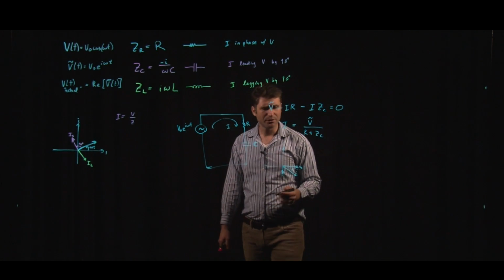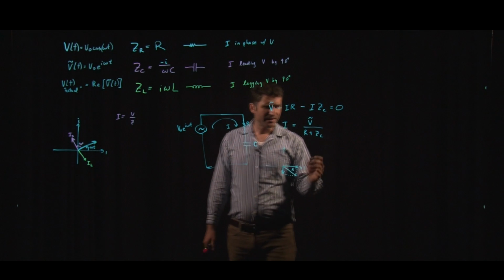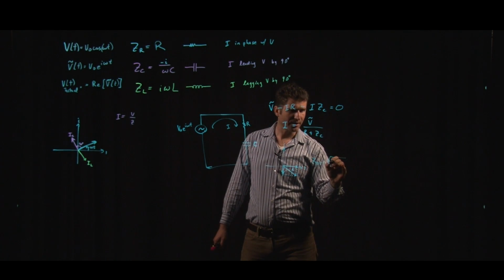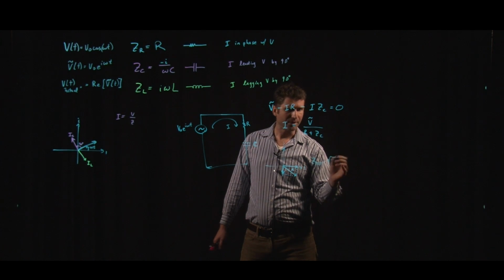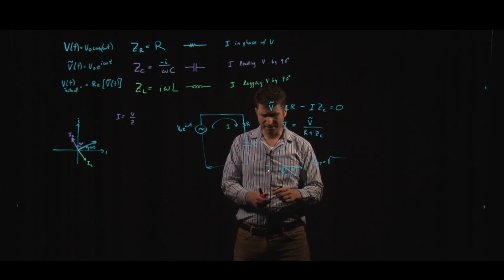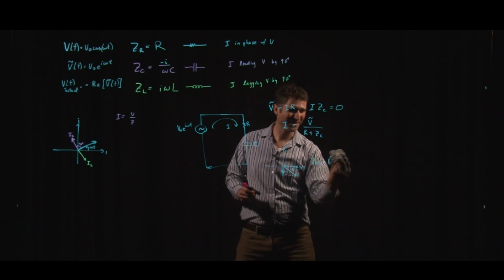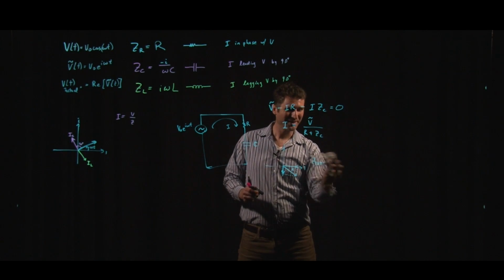Okay, so we can then say that Z total should be equal to, well, let's fill in the blanks before I start, so I can make sure I'm not skipping too many steps here.